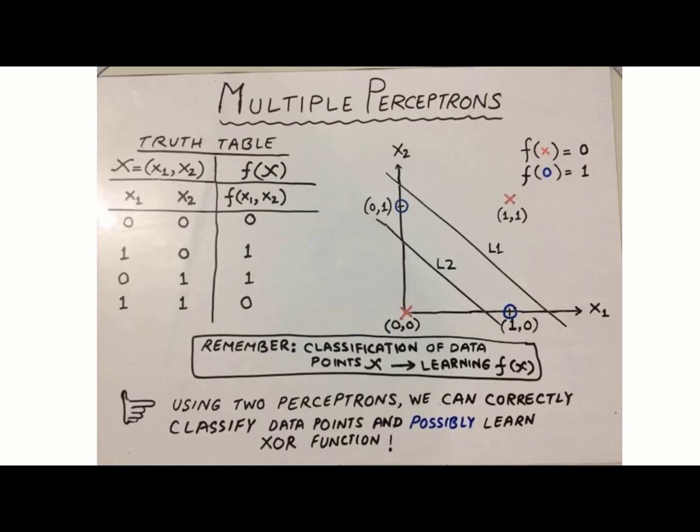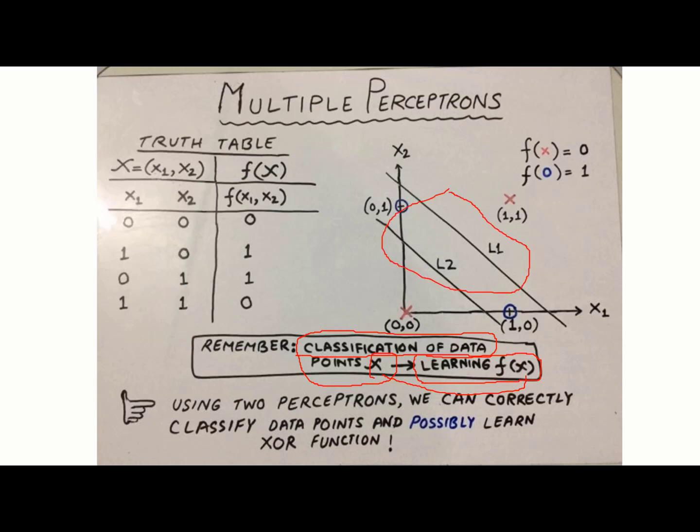So let us try to recall what we mean when we say we wish to learn some function f of x. This learning basically means the classification of the data points x, where x becomes the input to the function. And we said before that we can classify these data points using two perceptrons, L1 and L2.